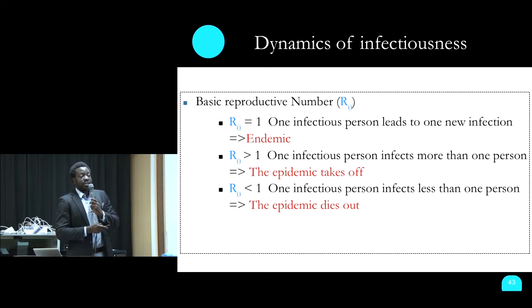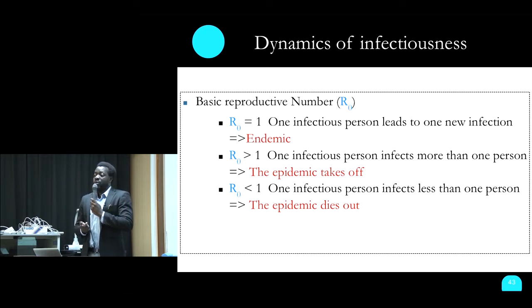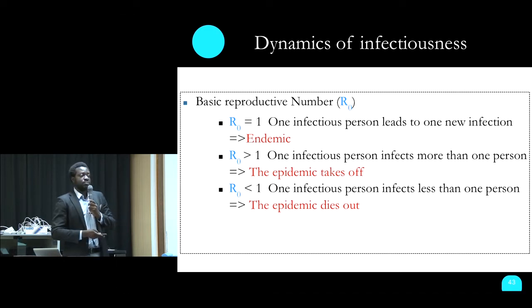When R naught is more than 1, it means that one infectious person can transmit infection to more than 1 person. In this condition, we can have an epidemic because more and more people will be infected and then become infectious.